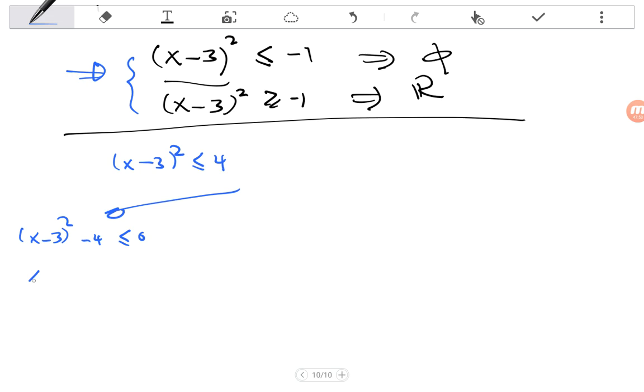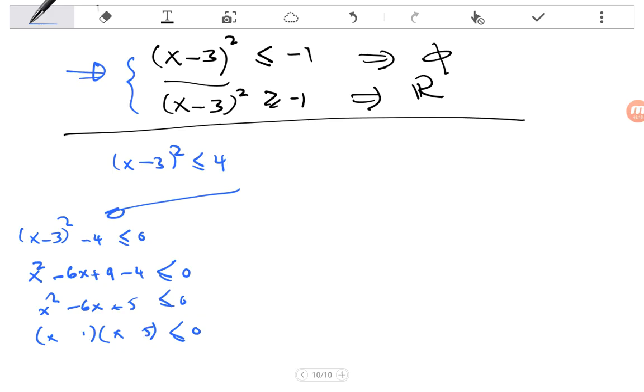I need to first expand this and then factorize it. So that will be x squared minus 6x plus 9 minus 4, and that will be x squared minus 6x plus 5. Then we factorize this into two brackets, I think that will be 5 and 1.